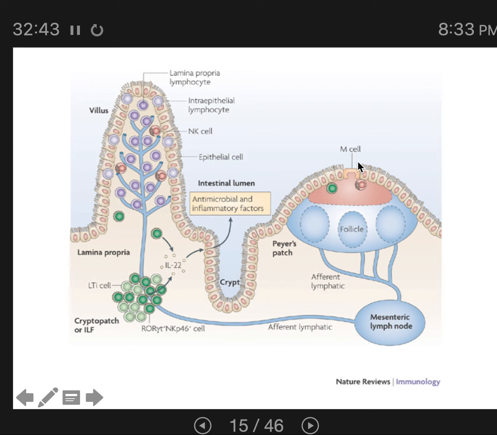So what your M cells do is take in antigens and expose those antigens to the cells of your adaptive immune system, allowing your adaptive immune cells to generate armies that are sitting there lying in wait, ready in case any of these microbes breach your intestinal epithelial barrier and get into the wrong place, so that you have immunity to your intestinal microbiome.